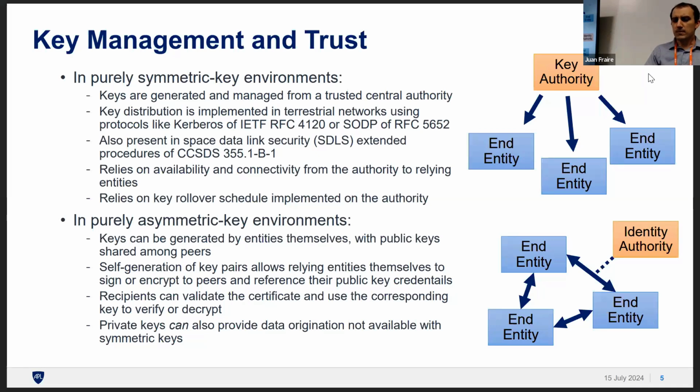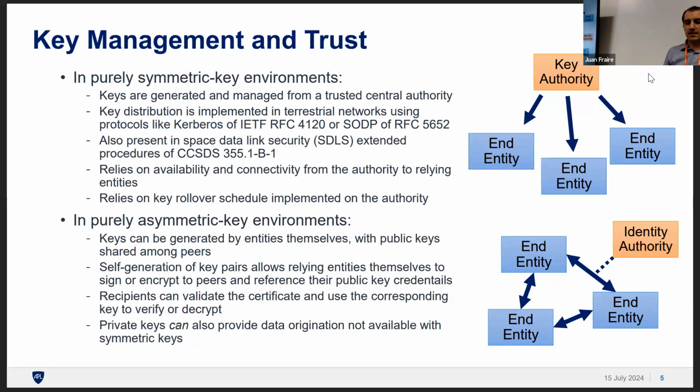So one part of that scalability limitation is the fact that in a purely symmetric key environment, there needs to be a key authority in order for the relying parties to have agreement on the key that you use to encrypt and decrypt, or the key that you use to apply a message authentication code and verify it.